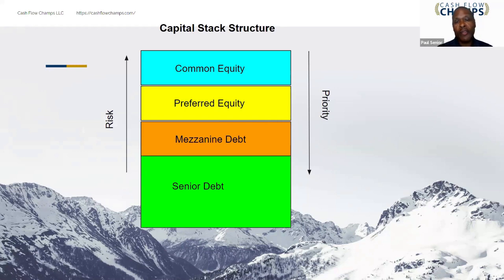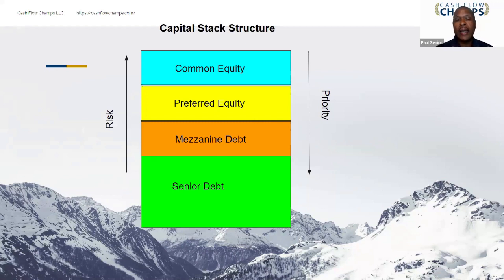So your pref equity investors would have direct ownership in that borrowing entity, right? The mezz debt lenders, on the other hand, tend to hold a pledge of the equity in the property, and that's their collateral, right?